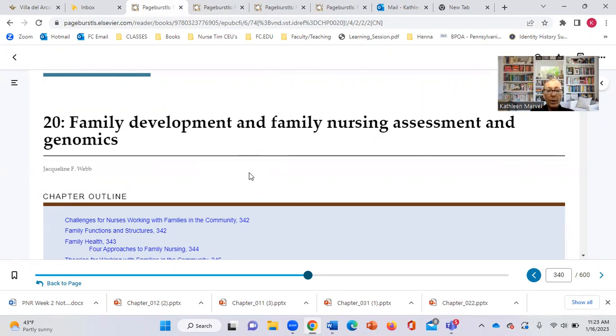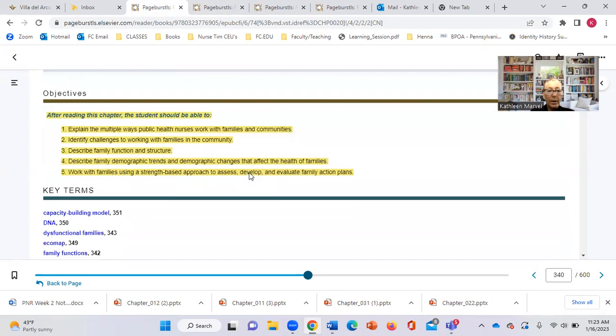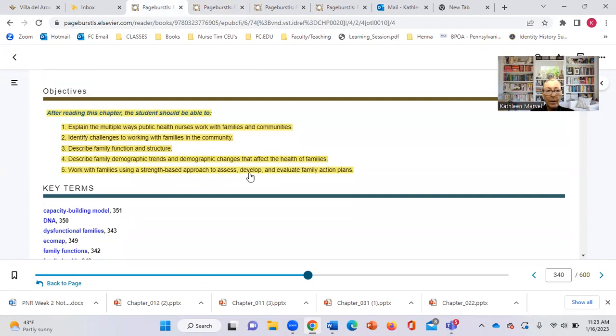Okay, so as we do with all the chapters, I'd like for you to take a look at the objectives. That is our goal for going through the information with regards to each chapter. So at the end of each chapter, you should be able to do the following 5.